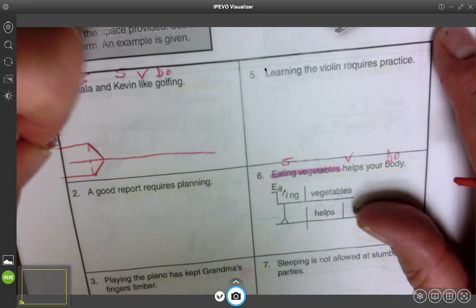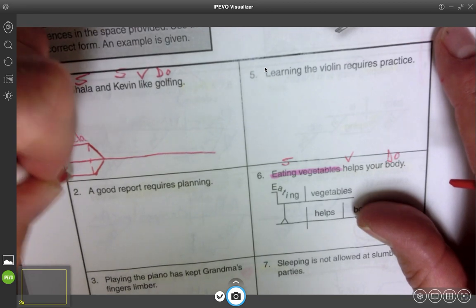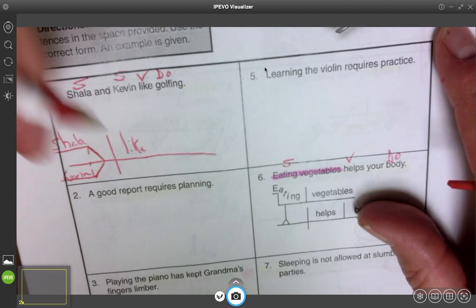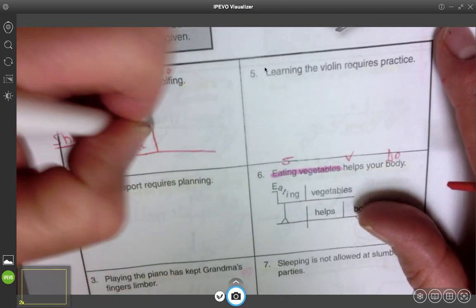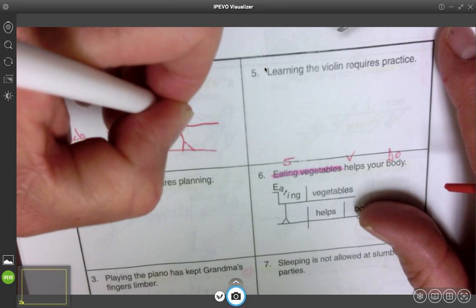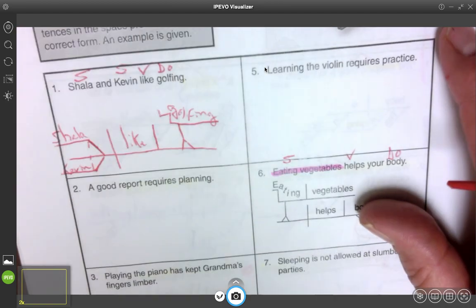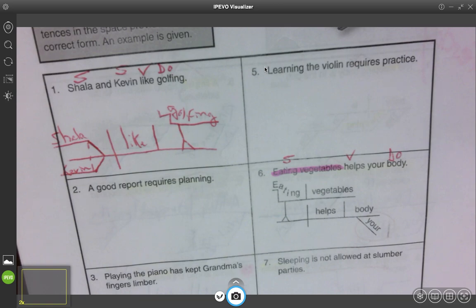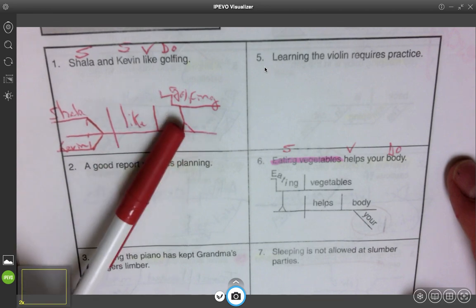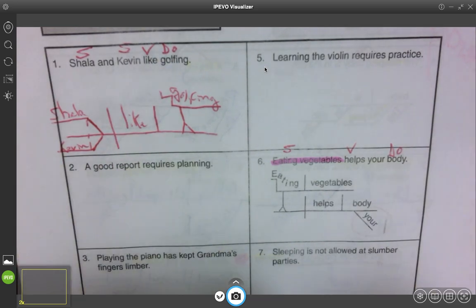So I'm going to go Shala and Kevin like, and then I need my tree. Golfing. Compound subjects, verb like, and then I have my gerund noun, which is the direct object, golfing.